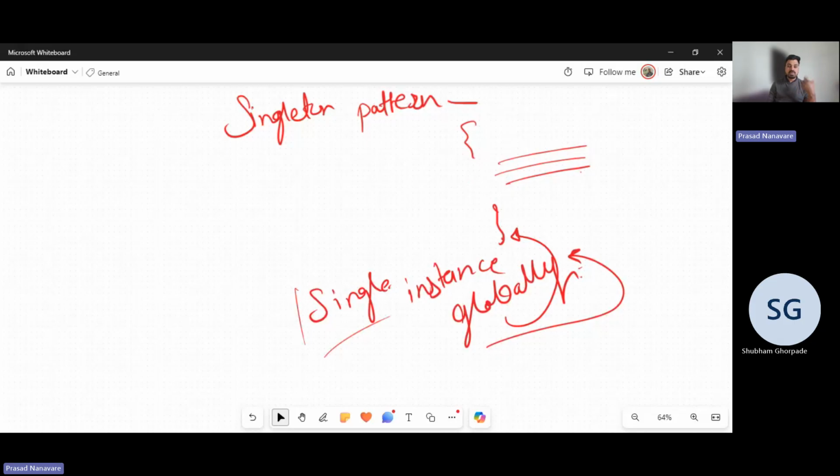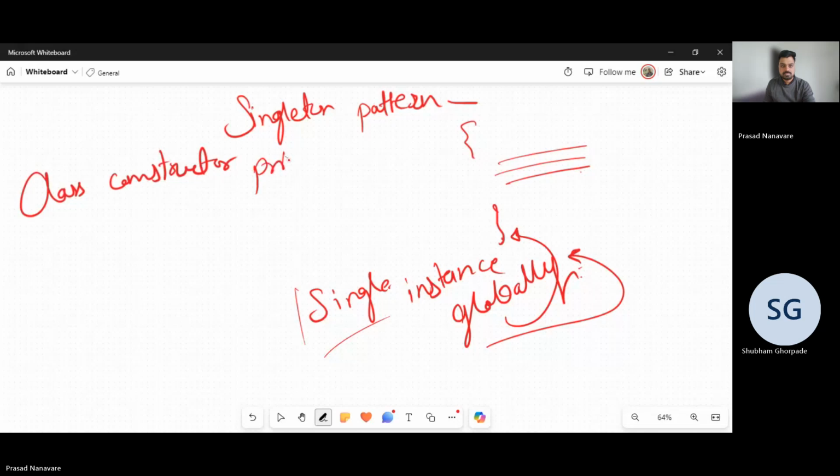Constructor, private, and a static method to access the single instance. This is how it is implemented. Yes, sir. Two main points: the class constructor is private, and we have a static method.